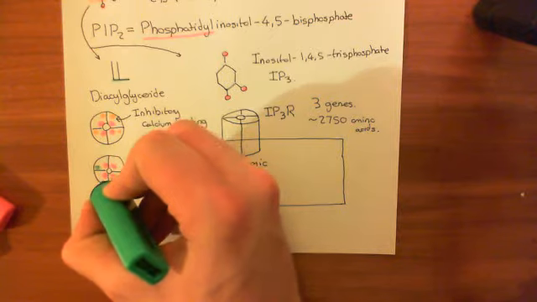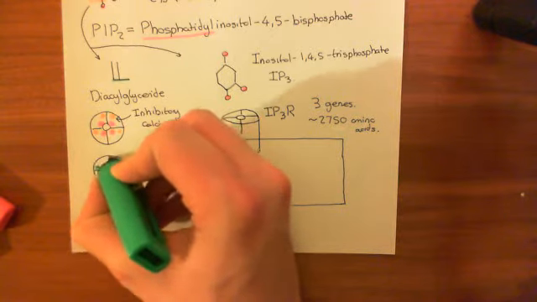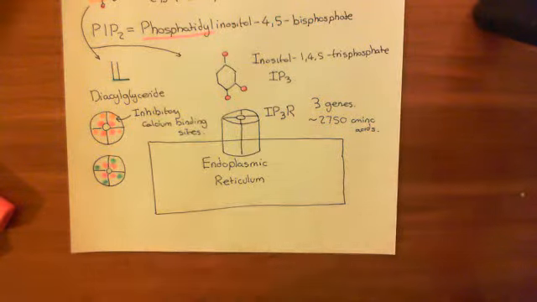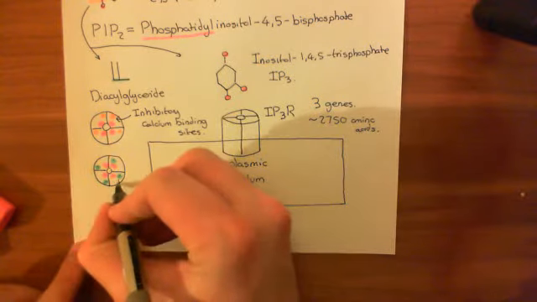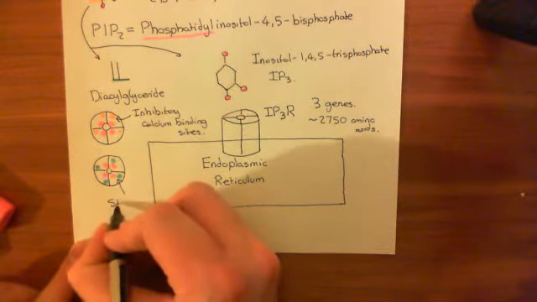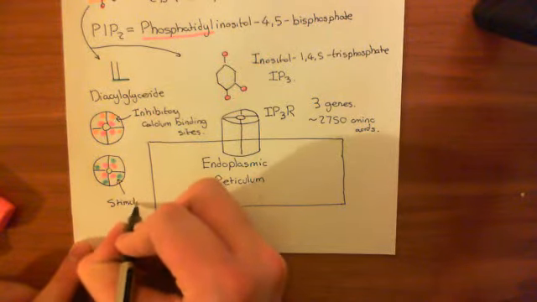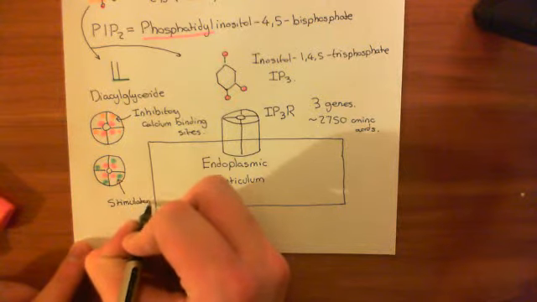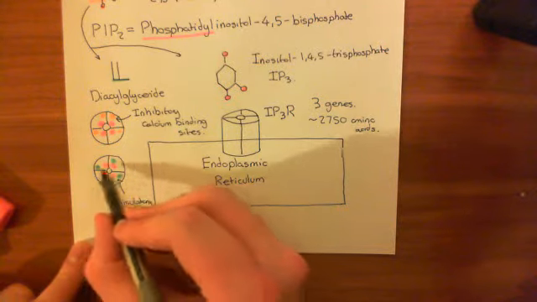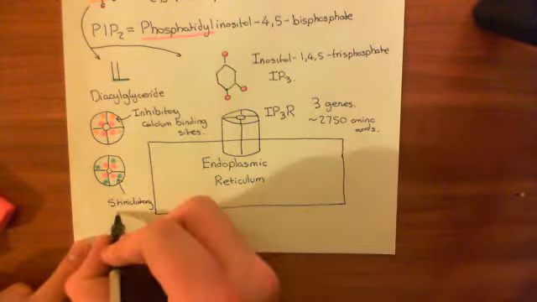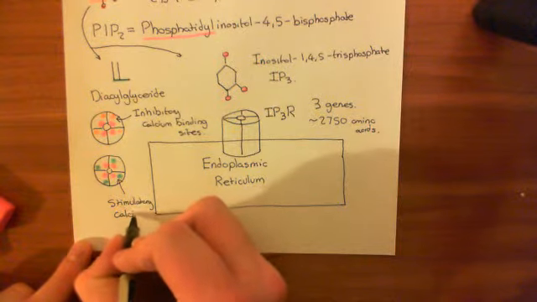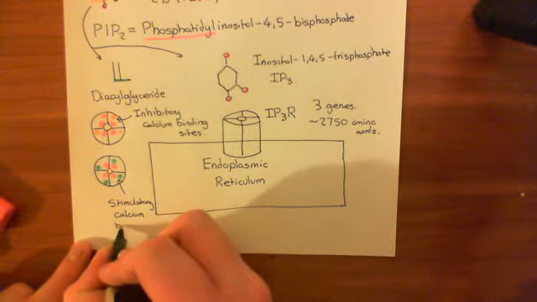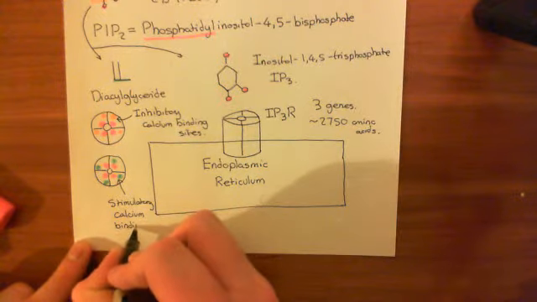So this in green denotes this stimulatory calcium binding site. Okay? And now, if calcium binds to this stimulatory calcium binding site, of which there are 4 separate stimulatory calcium binding sites, so you'll need a calcium to bind to all 4 stimulatory calcium binding sites. Okay, so you'll need 4 calcium ions overall.